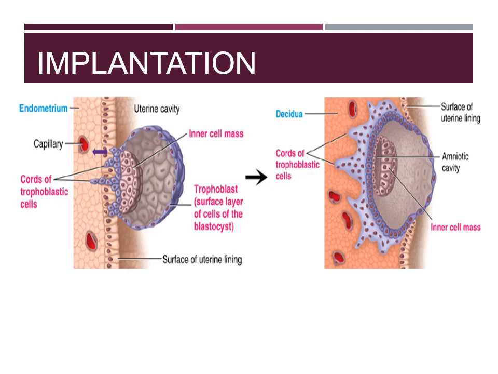As you can see here, this is the stage of implantation. This is the uterine wall, the endometrium layer of the uterus, and here is the trophoblast, which is the surface layer of cells of the blastocyst. The trophoblast will invade the lining of the endometrium and will form cords of trophoblastic cells.